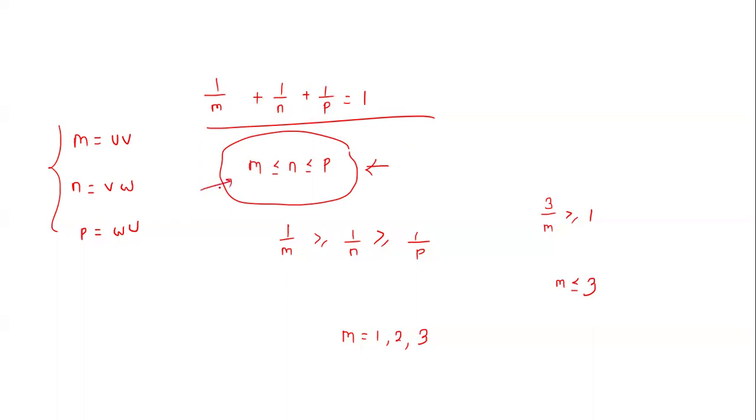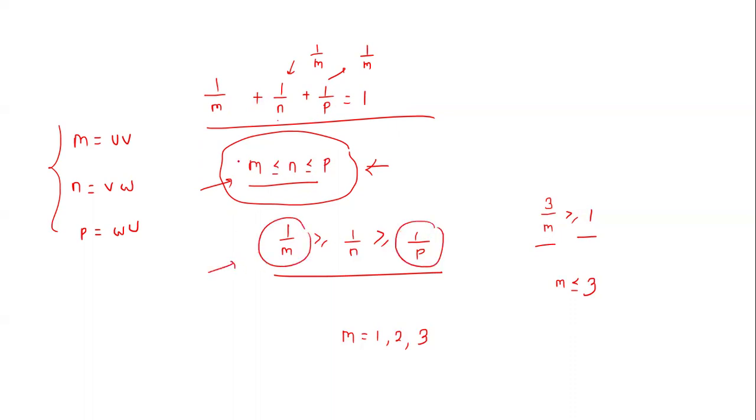If I replace 1/n by 1/m and 1/p also by 1/m, then 3/m must be greater than or equal to 1, because if this is the order of m and p, then this is the order of their reciprocals, and replacing 1/n and 1/p by greater quantities, the sum must be greater than or equal to 1 according to this condition. From here I get m less than or equal to 3. So the possible values of m are 1, 2 and 3.